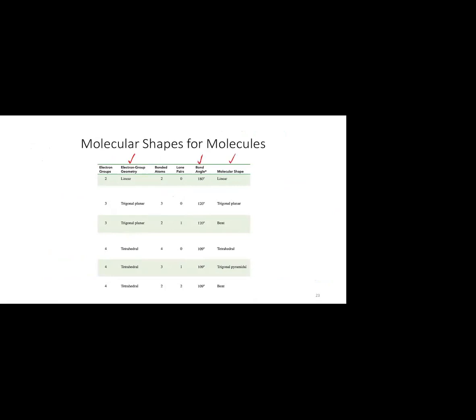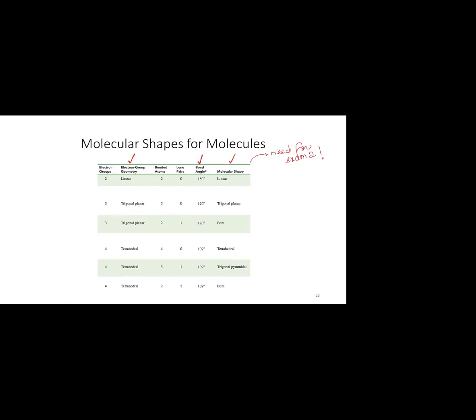So this table, which is also in the reference list for the exam, you need to know how to use for completing your homework. You need this for exam 2. I'm going to teach you how to utilize this table.